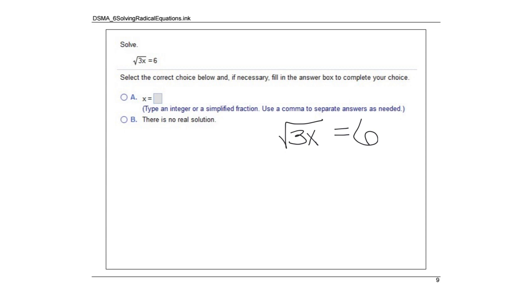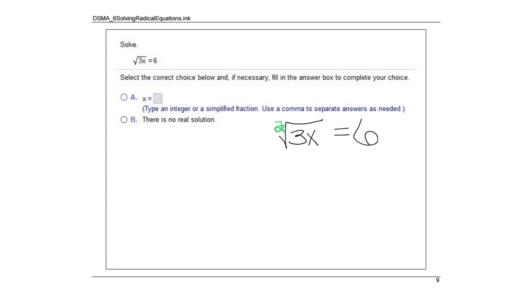Okay, so this is a radical equation. It asks me to solve. It has the square root of 3x on one side equal to 6 on the other. I can't put it in the calculator. Sorry, we have to do this by hand. We want x to be all by itself. That means that we have to get rid of the radical, right? Now remember, we have an implied 2 sitting there.